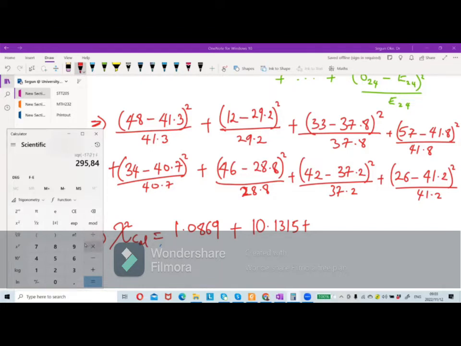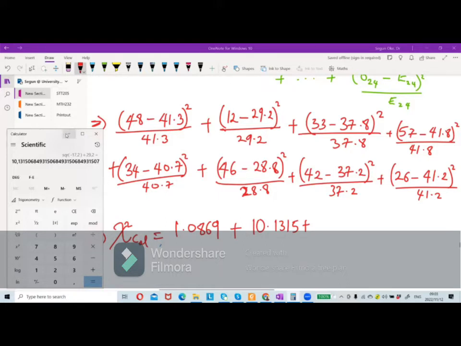Then divided by 29.2. Can you see the answer? Yes. 10.1315, and that is what the person gave us.